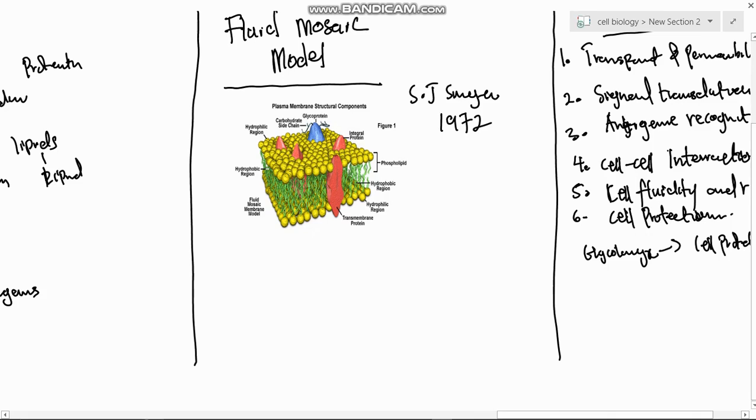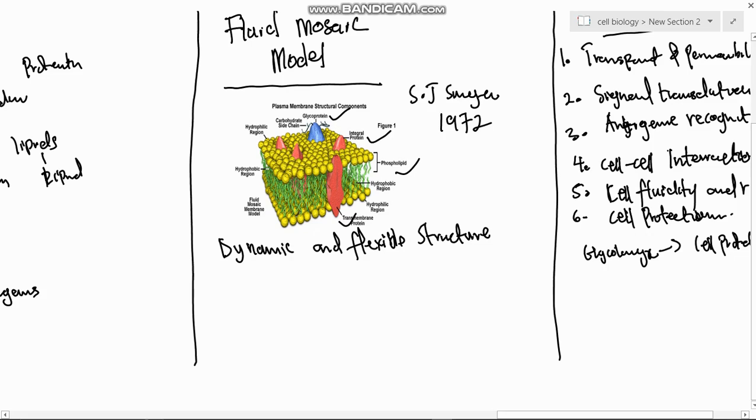We describe the plasma membrane as a dynamic and flexible structure that consists of components, as we've already described, like glycoproteins, integral proteins, phospholipids, transmembrane proteins, and then the cholesterol.